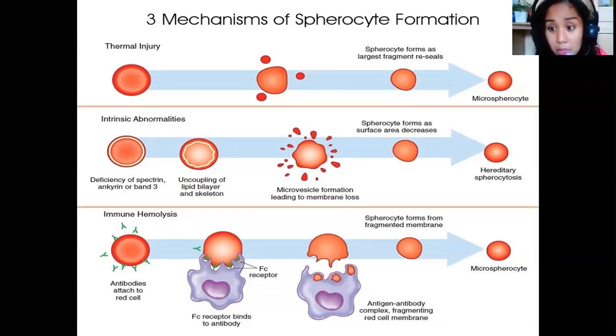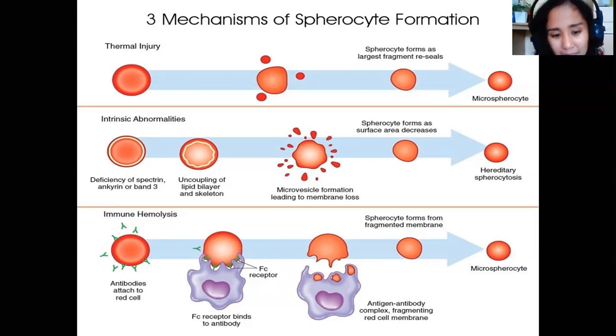They easily hemolyze. Immune hemolysis happens when antibodies attach to red cells, and we can detect these antibodies through the Coombs test or anti-globin test. Class, once there is antibody and antigen, it will attract a macrophage.